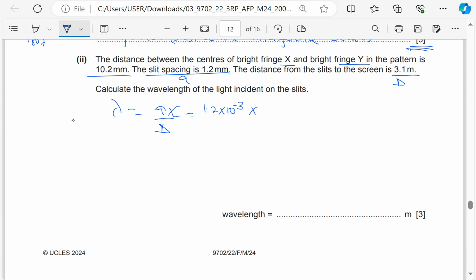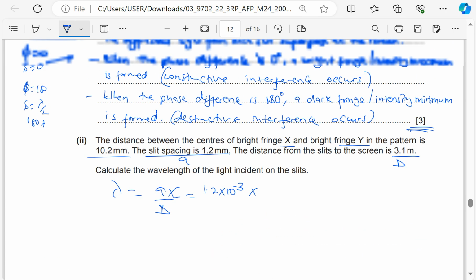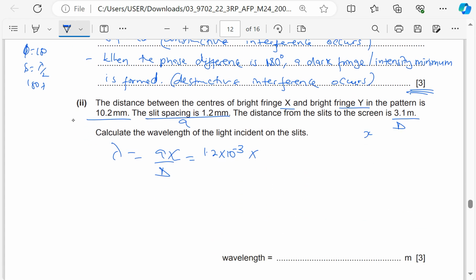X is the fringe separation. Remember we said X was 10.2 divided by 6, but we have to change this from millimeters to meters, so it is times 10 to the power of minus 3.